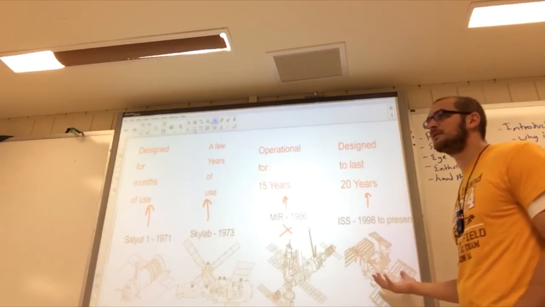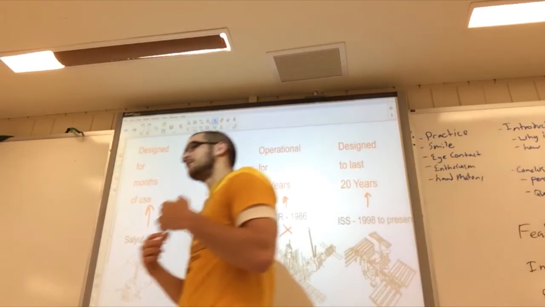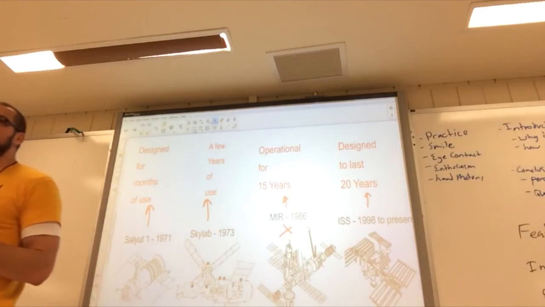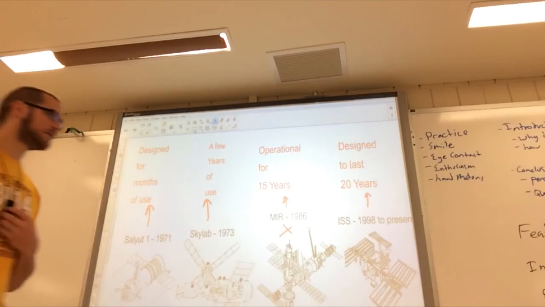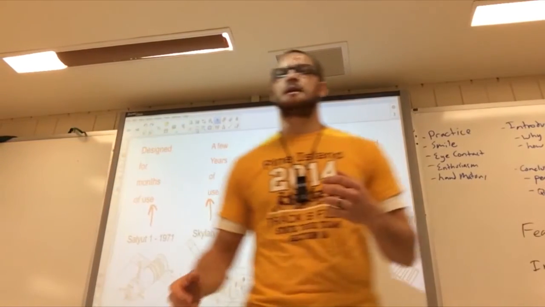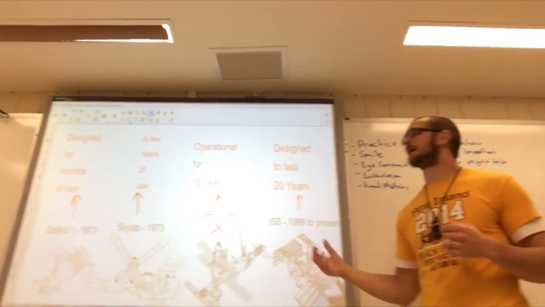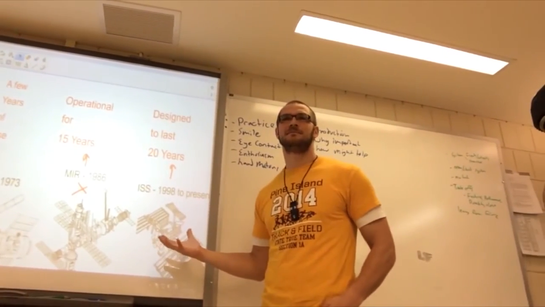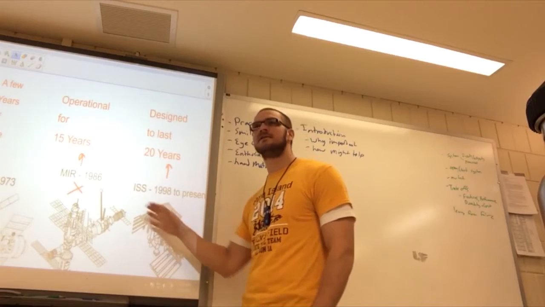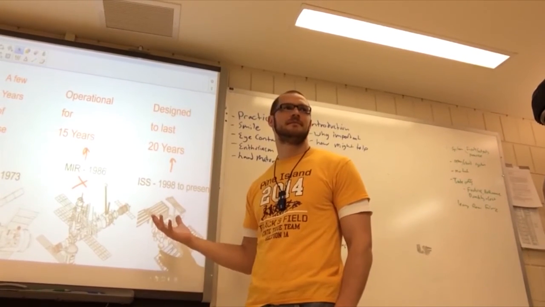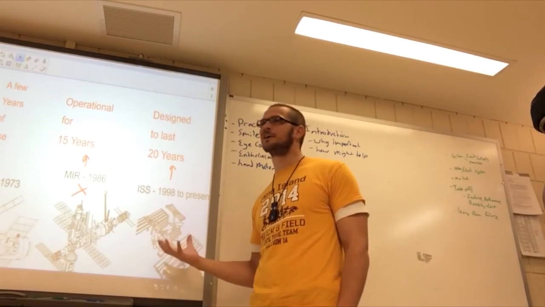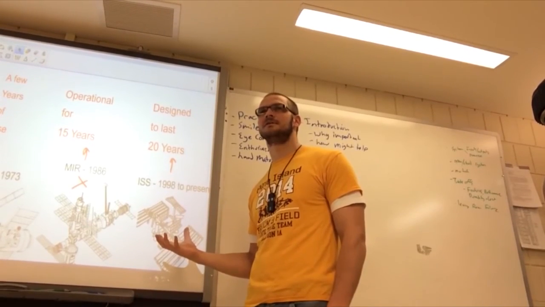So in the year 2020, we might be talking about how this is the last mission for the International Space Station. Now, if I had to guess, I would say they're going to let it go longer than that because they're not going to just want to give it up. But as of right now, the plan is in 2020, the mission for this big, awesome thing is over.